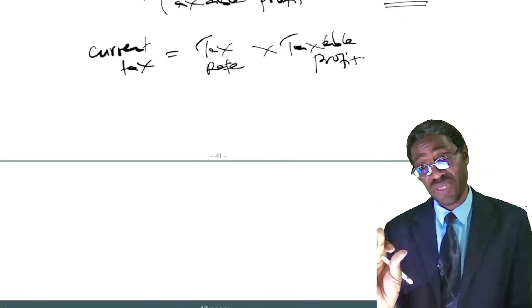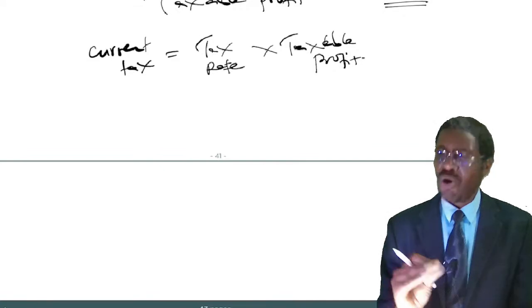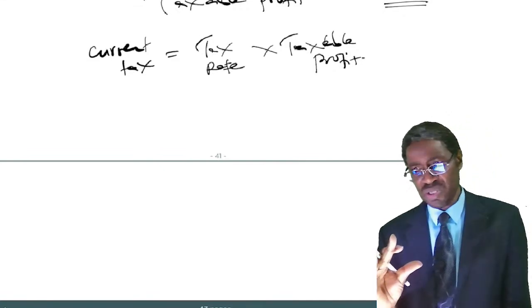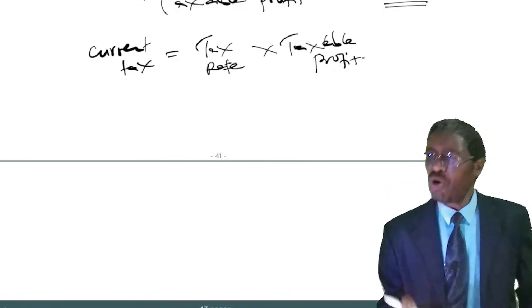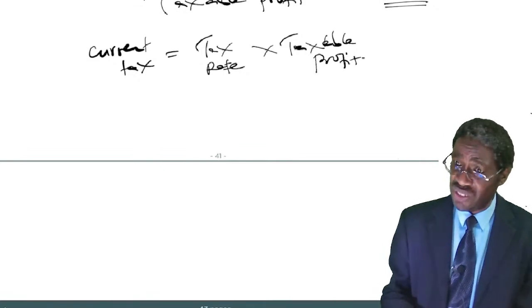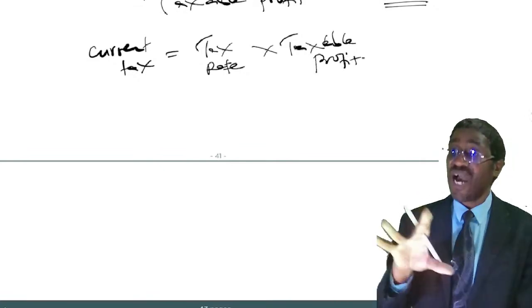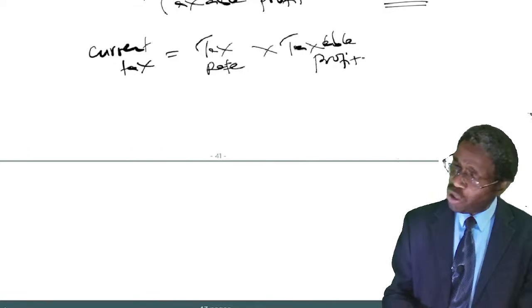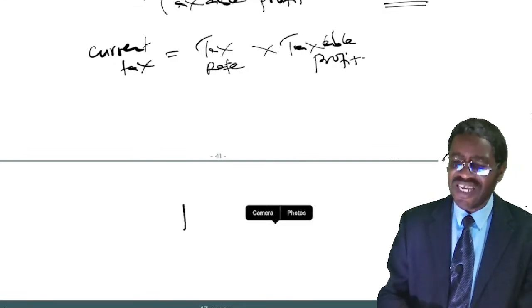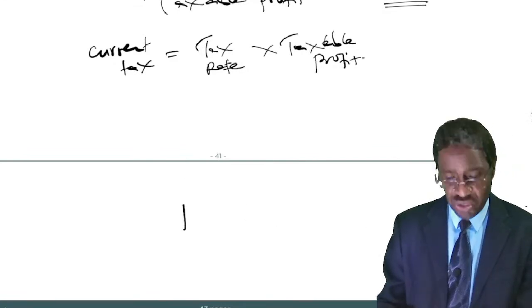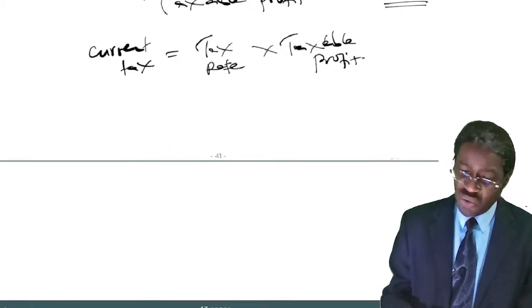You know them. But I'm saying this, all those courses can be classified. All the causes of the difference between the accounting profit and the taxable profit, all of them can be classified into two categories.